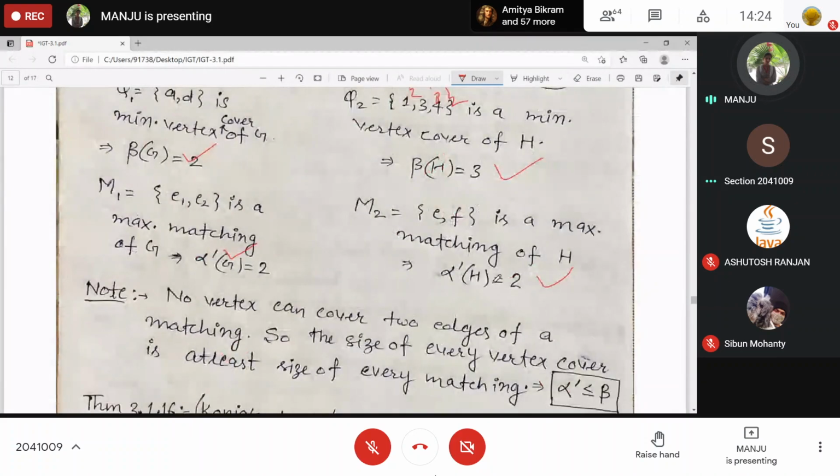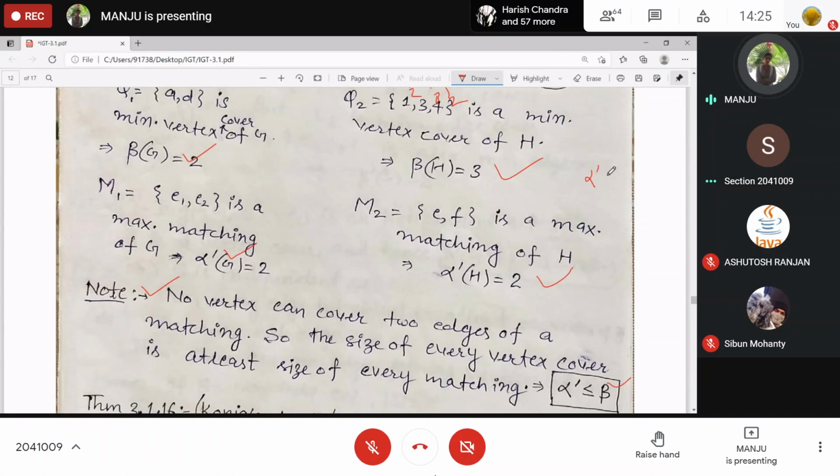Clear? So what we have here is that no vertex can cover two edges of a matching. That's why the size of every vertex cover will be at least the size of the matching, right? See, कम से कम उतने तो होनी चाहिए, right? So maximum matching size is given by alpha dash, and we know that no vertex can cover any two edges of this matching.